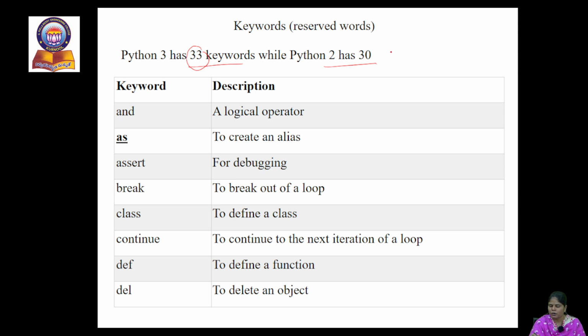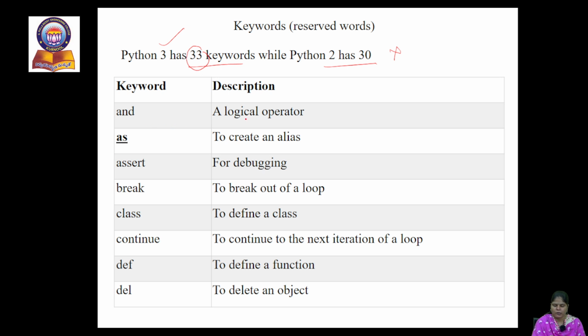That's why we are not using Python 2, we are using Python 3. There are different types of keywords, and each keyword has some functionality. Whenever you use that keyword, it brings that functionality to your program. So whenever you are declaring a variable, you should not use these keywords.